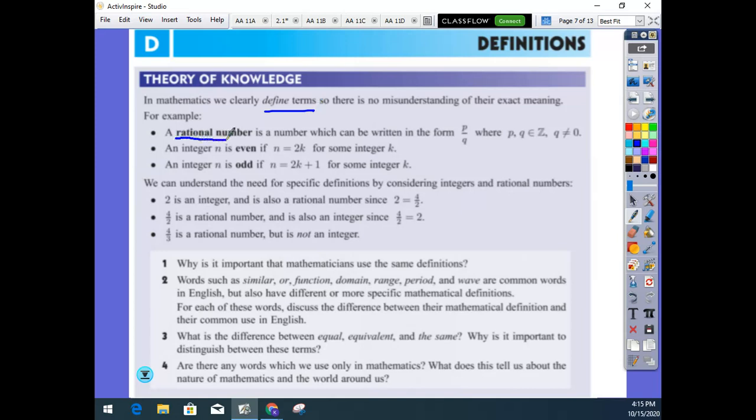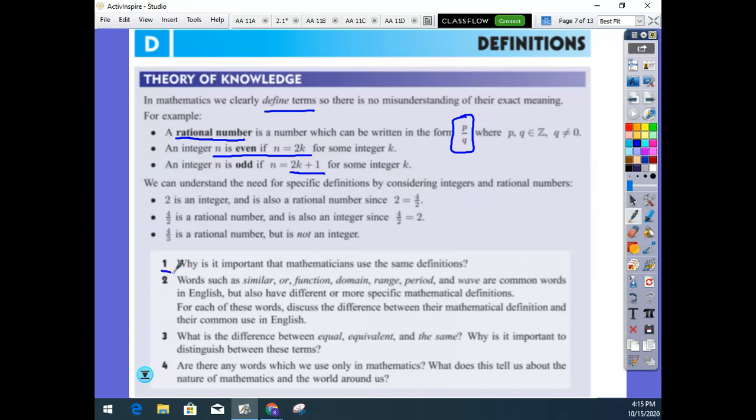So first of all, a rational number can always be written P over Q. An integer is even if n equals 2k for some integer k. All even numbers 2 can go into, so you can take 2 times some number to get that integer. And then it's odd, 2k plus 1. The even number plus 1 can always get us an odd number.